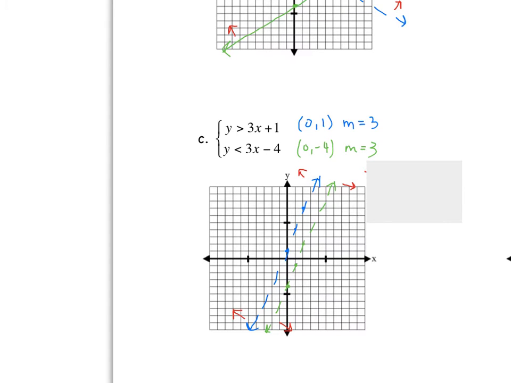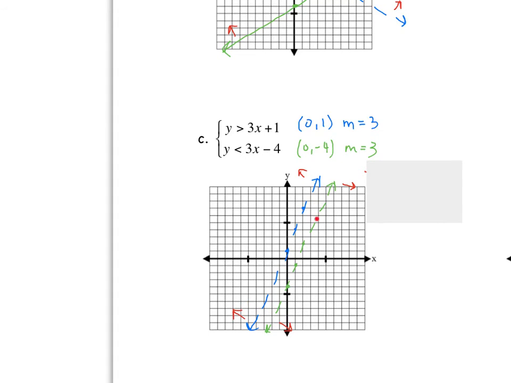Okay, what you should have gotten is this top inequality is my blue dashed line here. All right, it passes through (0, 1) with a slope of 3. If I were to test the point (0, 0), it's just under this line here. 0 is greater than 1 is false, so we'd be shading to the left of the blue line.